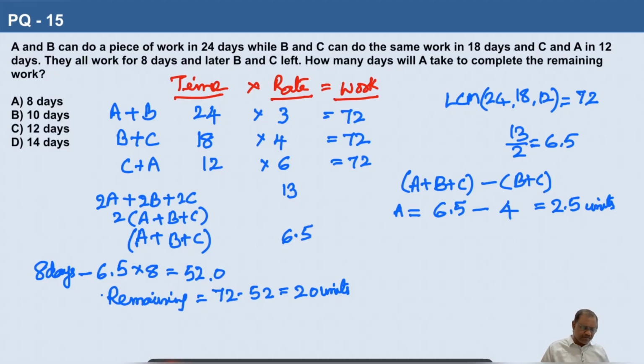So here we have 20 units of work remaining. So 20 divided by 2.5 is 200 by 25.